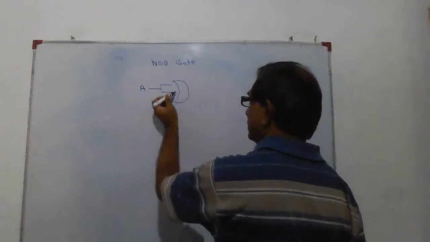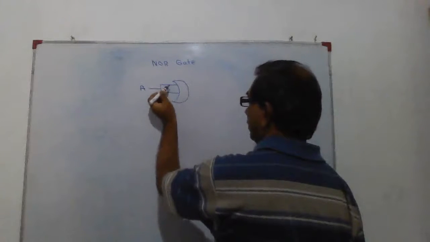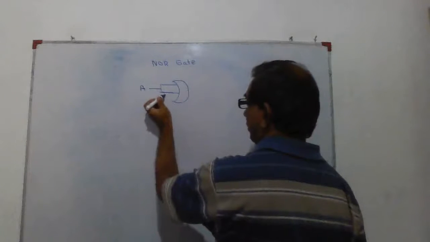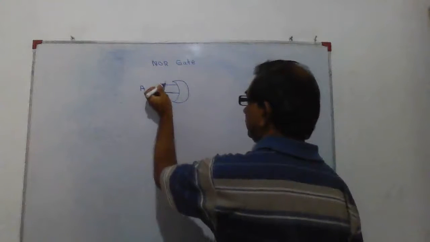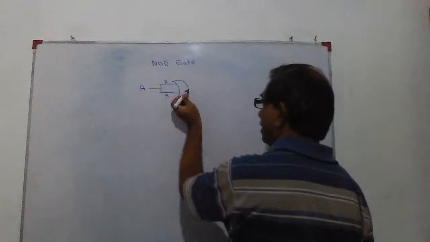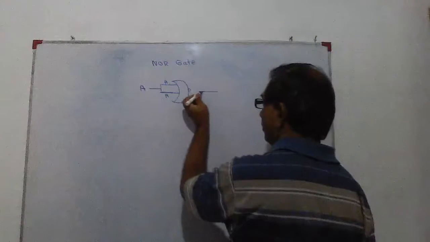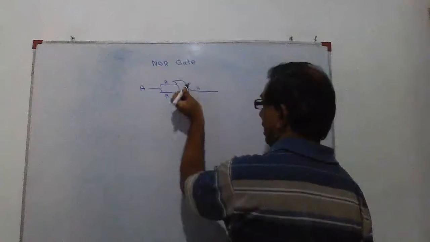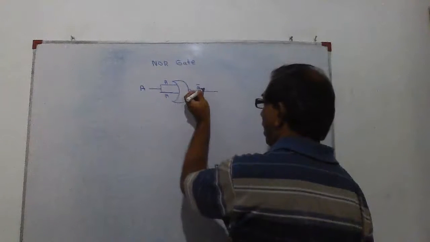This is the nature. A is coming from both sides. The gate is NOR, so it should be A bar.